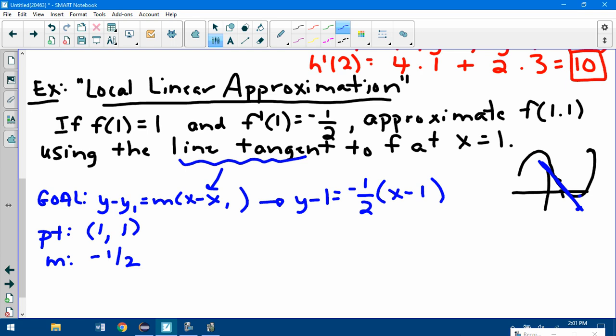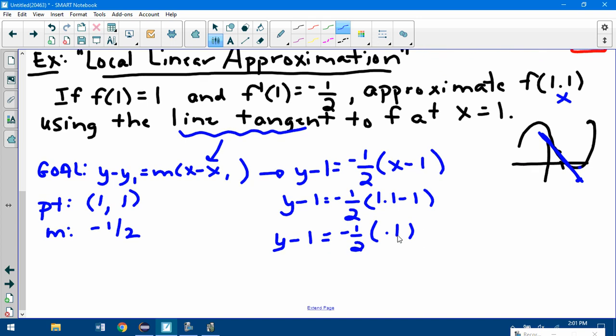So now they want you to use that to approximate f of 1.1. So that's my x value. I'm going to plug that in here and use this line to get my y value. So 1.1 is near this point. I don't have an equation for f, but if I plug it into this tangent line, the blue line, it should be close to what the actual value would be on f. So y minus 1 equals negative 1/2 times 1.1 minus 1, which means I have y minus 1 equals negative 1/2 times 0.1.